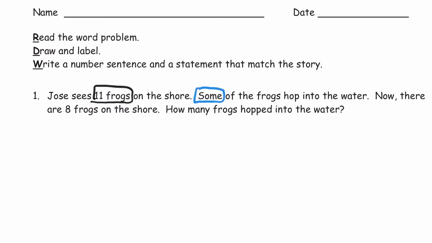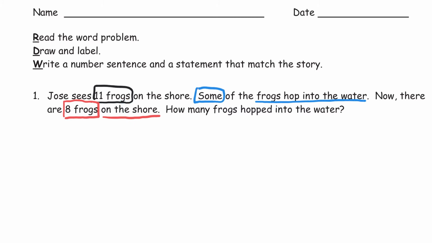So let's make that blue. Water's blue. Some of the frogs hop into the water. Now there are 8 frogs on the shore. So it looks like we have a group of 8 frogs, some frogs, so we don't know how many, so that's going to be our unknown, and 11 total frogs.